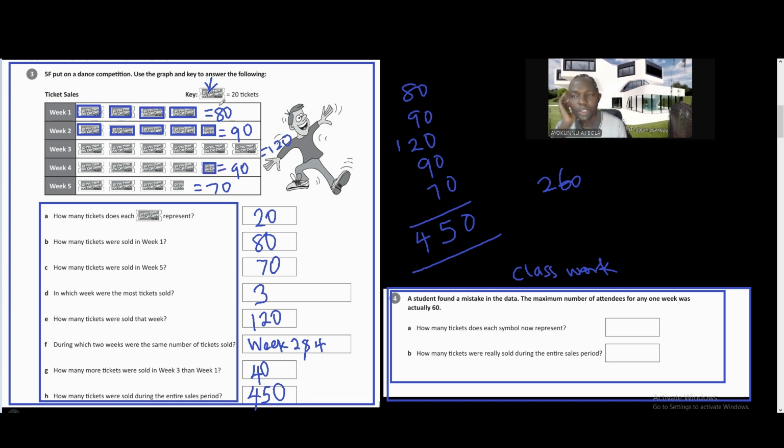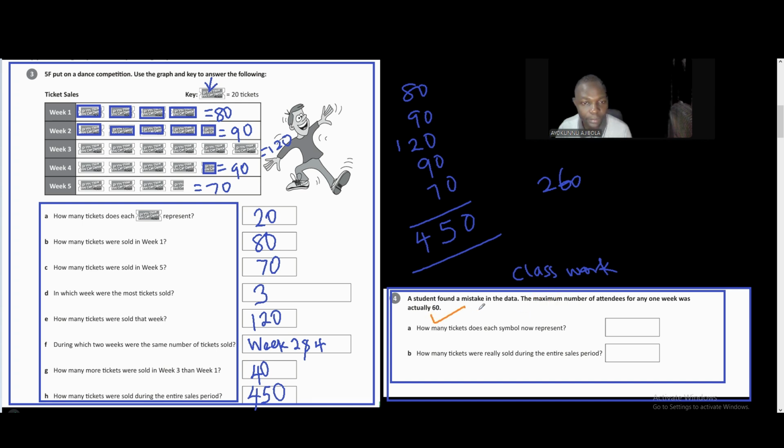What if we use 3? Because by the time we get to the end, it must be either 60 or less than 60. It can never pass 60 according to this information. It says the maximum must be 60. So if we get anything more than 60, then we cannot use that figure.